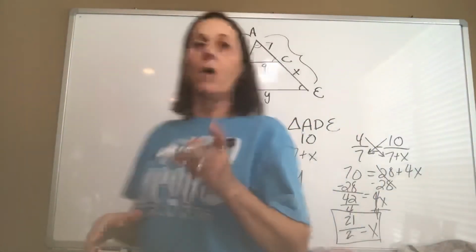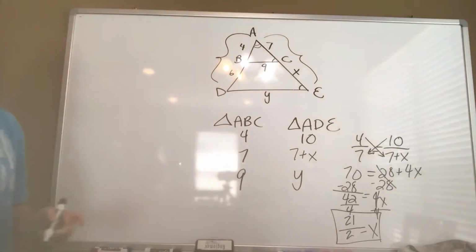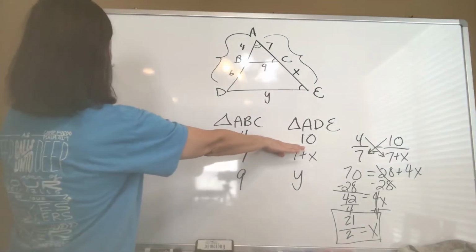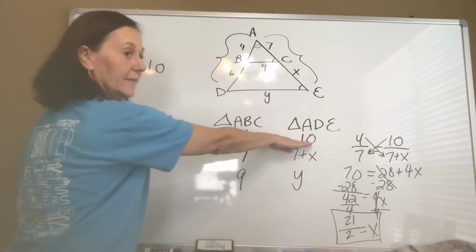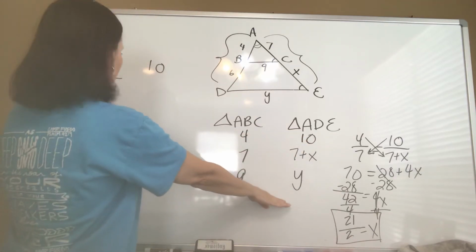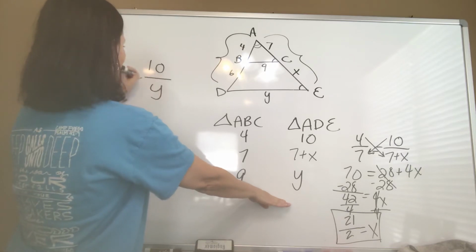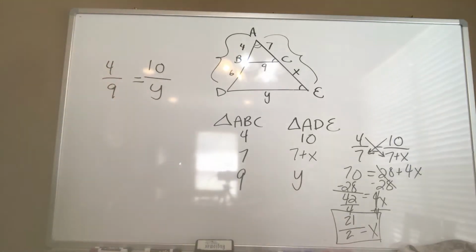Now, when I solve for y, I'm never going to go back and use x. Because if I get x wrong and I use it to solve for y, I'm now going to get y wrong. So always go back to the 4 and the 10, the two that are given. And I'm going to put 4 over 9 and 10 over y. Make sense?